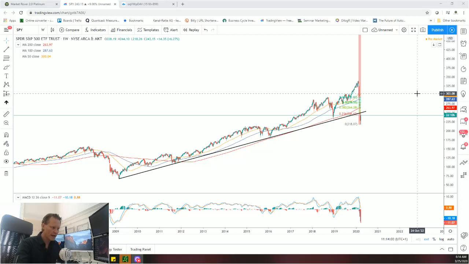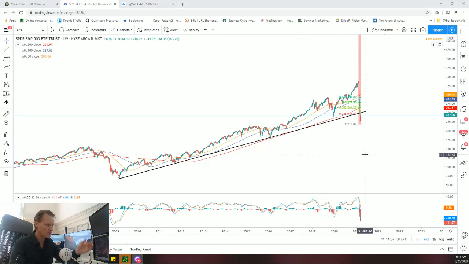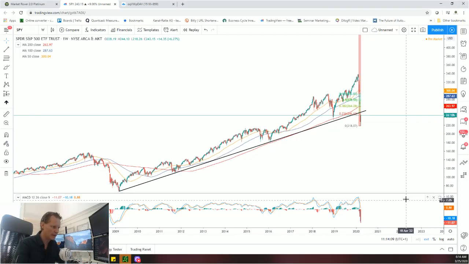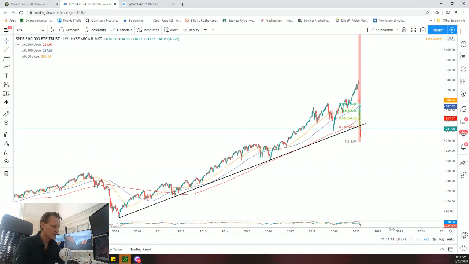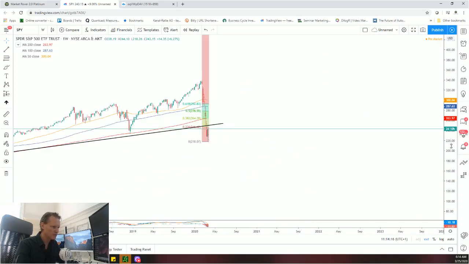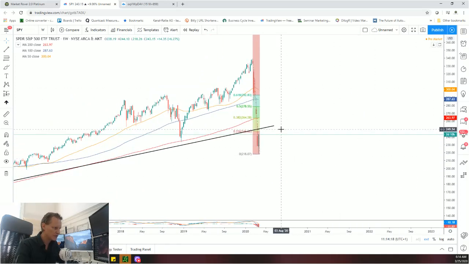First, we have a long-term chart here, the multi-year weekly chart, and I drew that black line. What used to be support now has the potential to become resistance, and that resistance level comes in on the SPY ETF around 250. You have to give or take a few points, maybe even half a dozen, because everything is so volatile, but that's one area to look for.